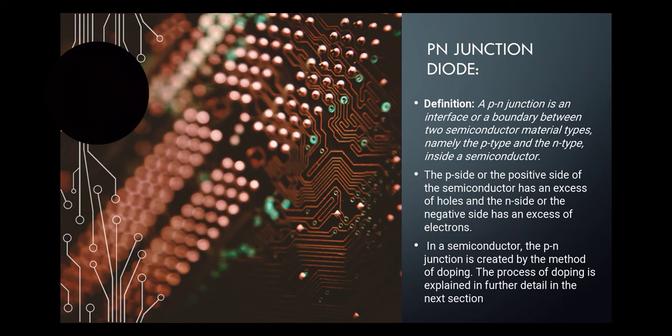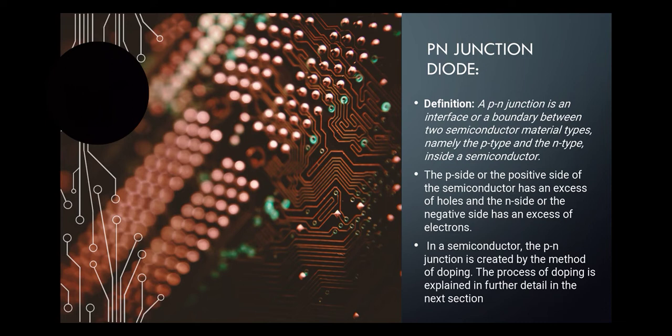Definition: a PN junction diode is an interface or a boundary between two semiconductor material types, namely the P type and the N type, inside a semiconductor.